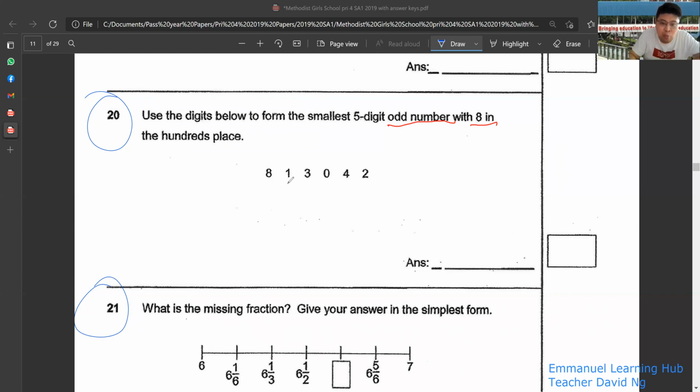Other than 8, which number is the smallest here? 0. But can I put 0 as the first digit? No. So which number should I put as the first digit? 1. Okay.